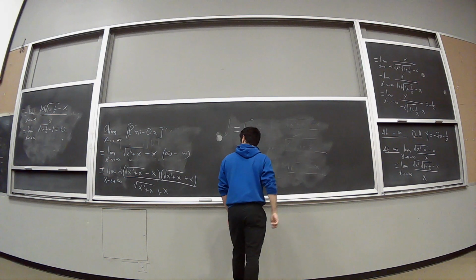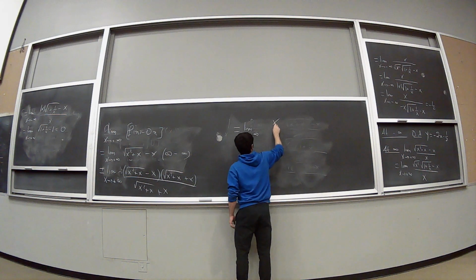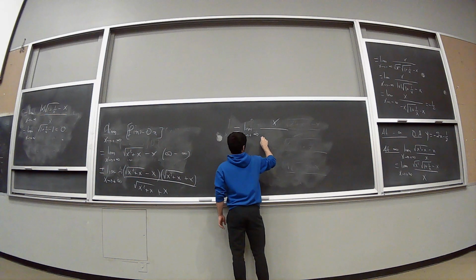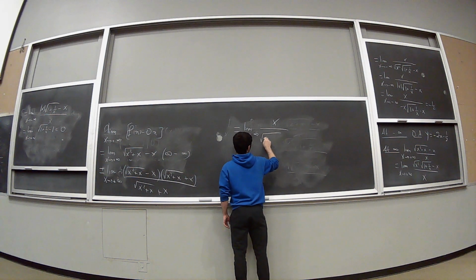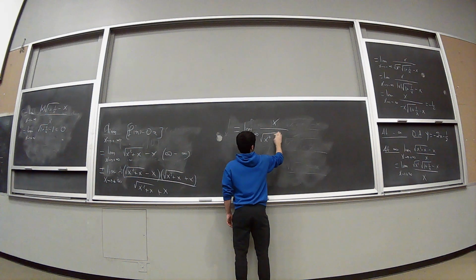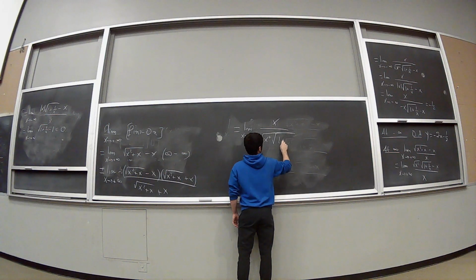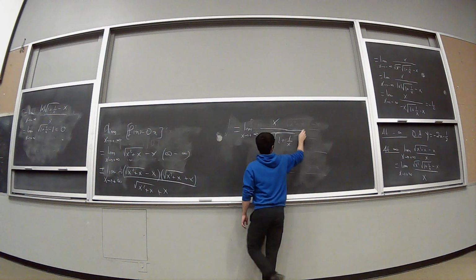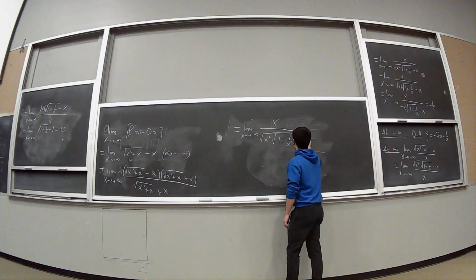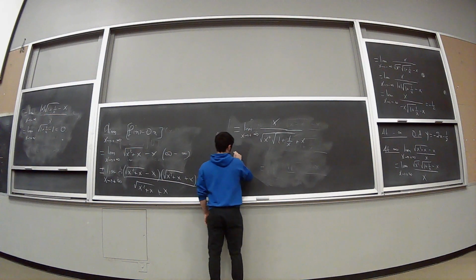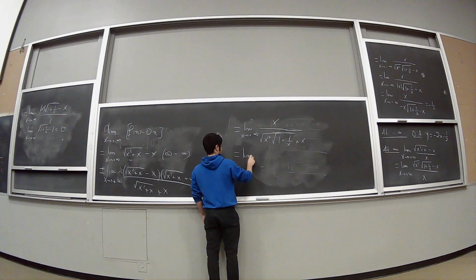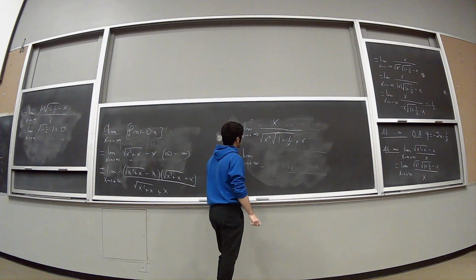x squared plus x, blah, blah, blah. This is x on top. And then we factor an x squared out. Square root of x squared, square root of 1 plus 1 over x, plus x. And then what do I have?